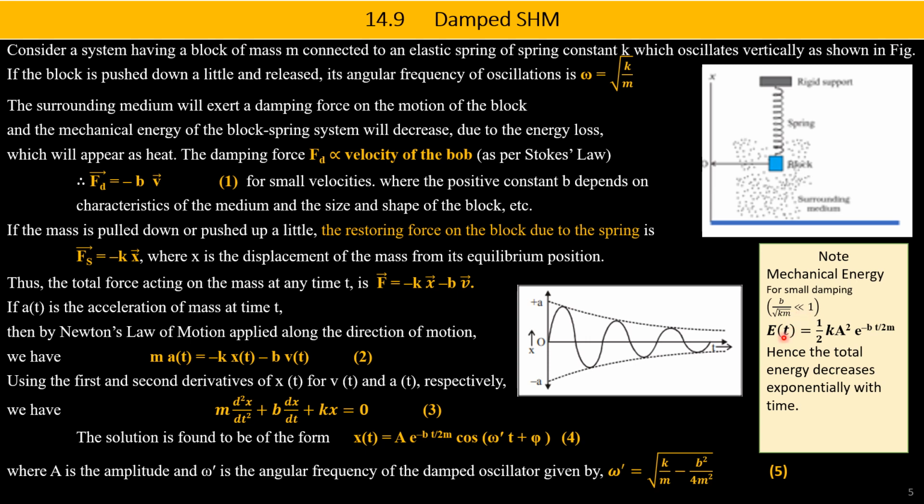Therefore, energy, which is given by the relation E is equal to half k a squared, becomes E of t is equal to half of k into a squared into e to the power of minus b into t by m. This is the damping constant. Hence, the total energy also decreases exponentially with time, because this function is an exponential function with decreasing values.